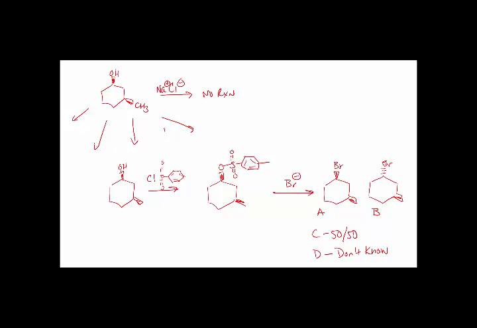SN1, SN2? SN2, because it's a secondary tosylate ester. So that means the bromine is going to come in and add from underneath as it kicks off the tosylate ester, so that center will undergo inversion. So B is the correct answer.